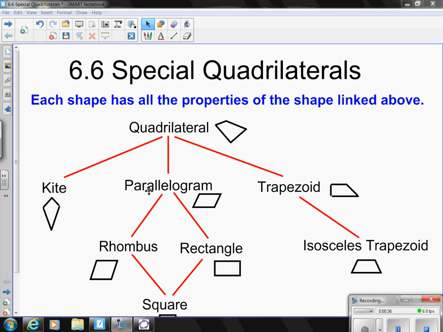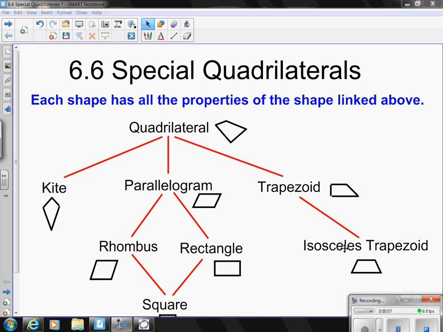From parallelograms, in the first few sections, we split parallelograms then into rhombus and rectangle. And when it's both a rhombus and a rectangle, we came up with a square. Now, a trapezoid, the third thing, could also be an isosceles trapezoid.